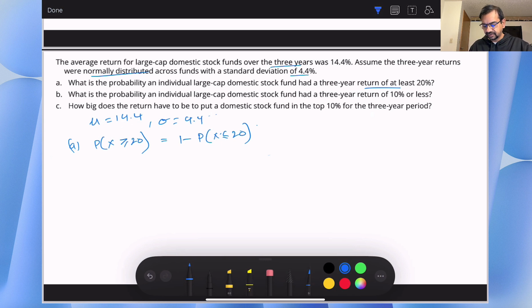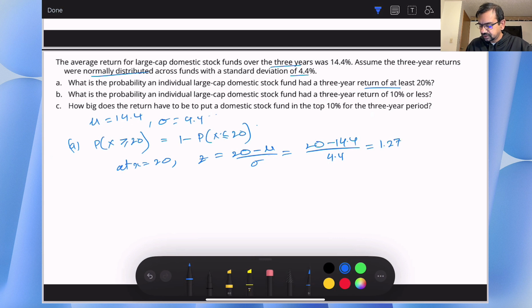Our z value is 20 minus mu divided by standard deviation, which is 20 minus 14.4 divided by 4.4, and this is equal to 1.27.